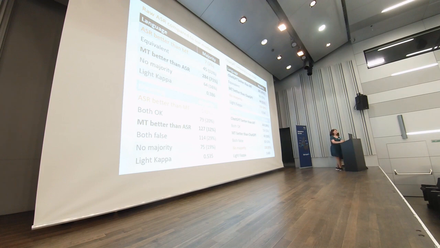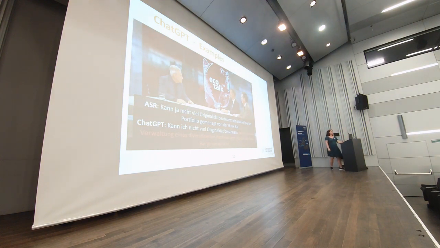So what happens? The aim of our system is to provide captions. Captions need to be as close as possible to what has been said. If you take a closer look at some examples by ChatGPT, here you have first the automatic speech recognition and then the production by ChatGPT. First of all, you can see that it's much longer, so ChatGPT tends to make a lot of insertions or additions to the sentences, and it also produces something that is much more similar to written form.